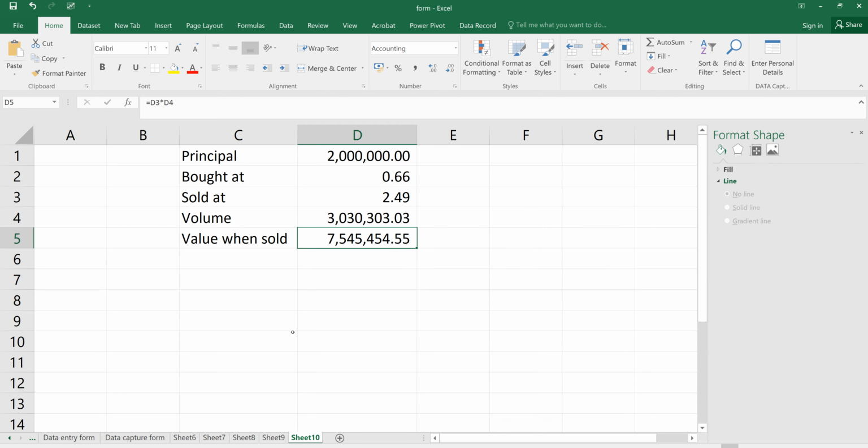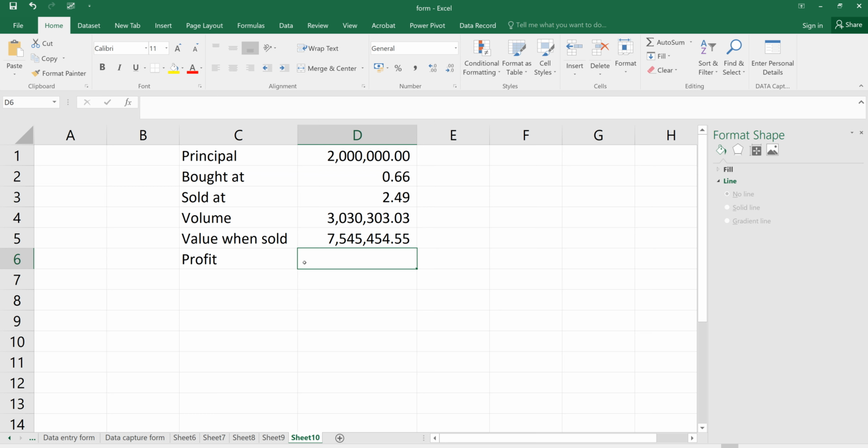So your profit now, whether it's return or yield, whatever they want to call it, let me just say profit. Your profit is equal to the selling price minus the principal. It's just a basic business principle.